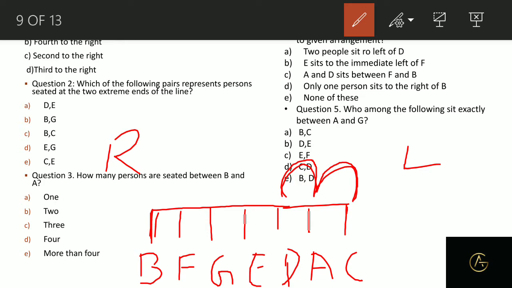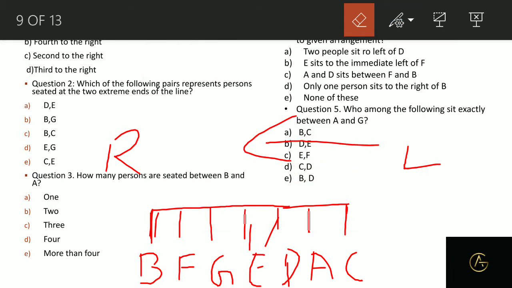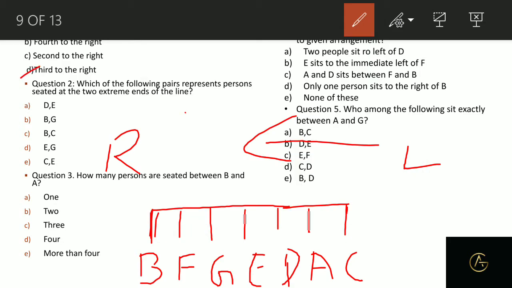Third to the right of C. 1, 2 and 3. Right? So the answer will be D, third to the right of C.